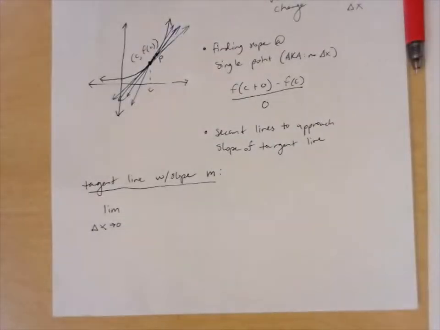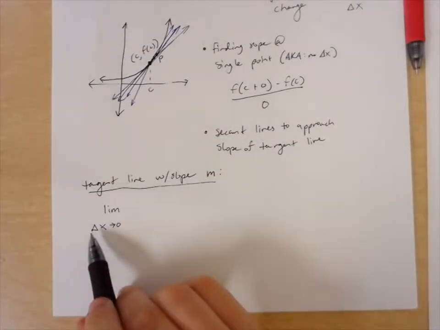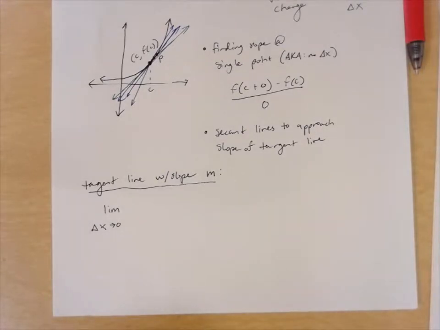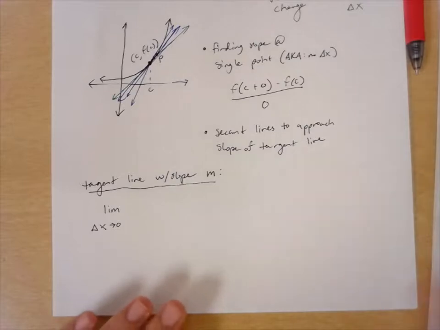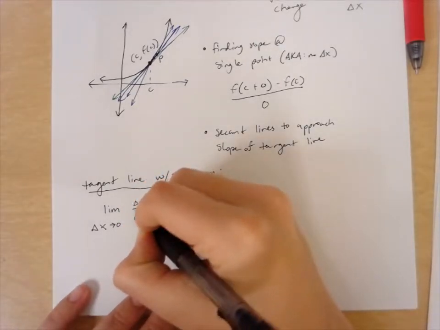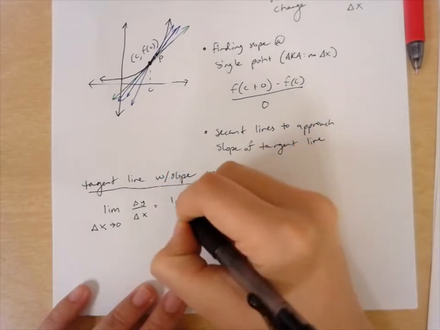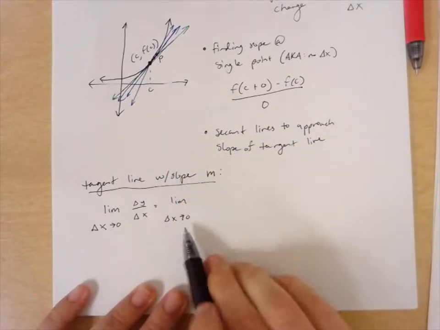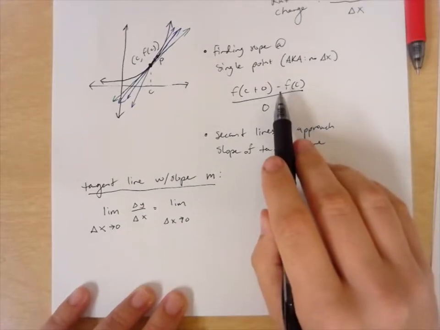Okay. Got it. So we're finding the limit as the change in x approaches 0 for the change in y over the change in x, or for that rate of change function.